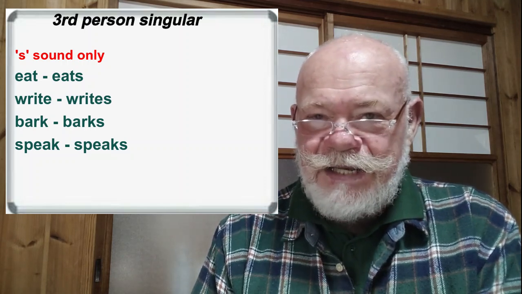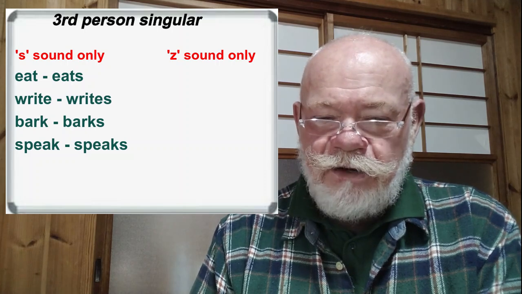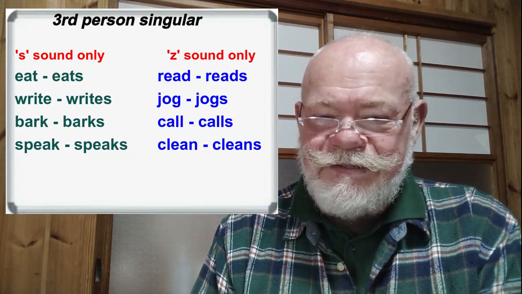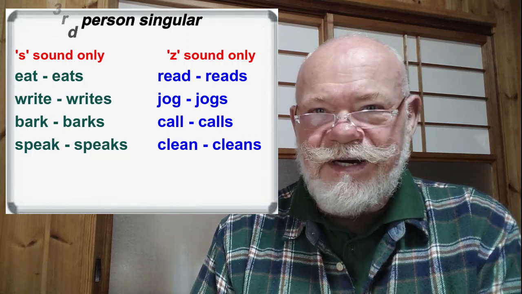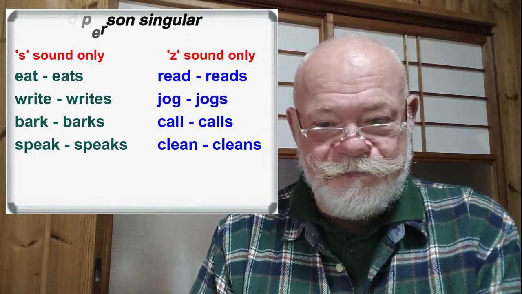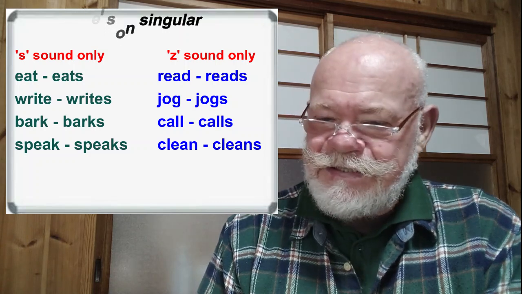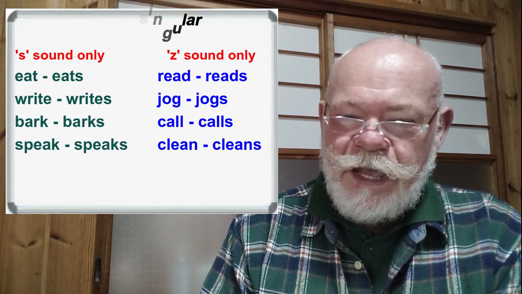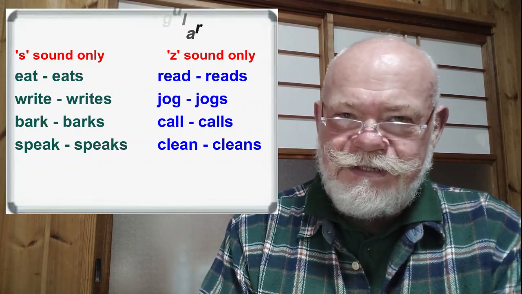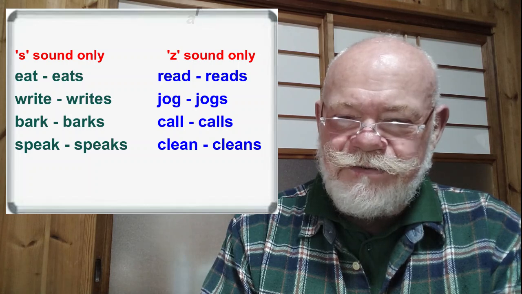Let's go with the Z sound. Read, reads. Jog, jogs. Call, calls. Clean, cleans. You can see those on the board, so it's easy to read along. Practice the sounds, the difference in the changing of the sounds.